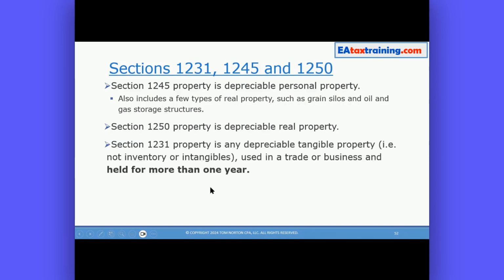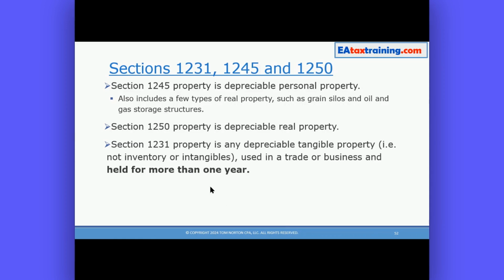Then we also have something called Section 1231 property, which is any depreciable tangible property. In other words, not inventory or intangibles, because inventory is not depreciable and intangibles are not tangible. So it doesn't include those. So any depreciable tangible property used in a trade or business and held for more than 1 year.